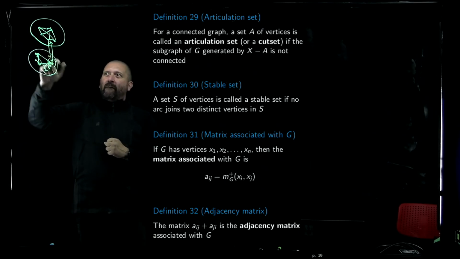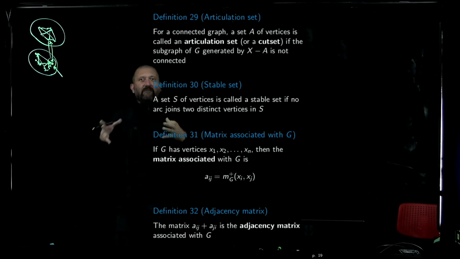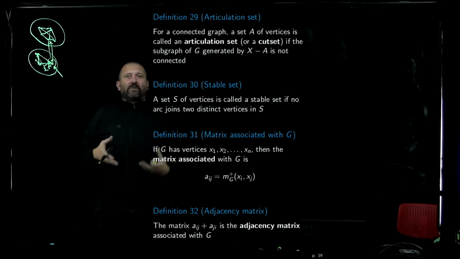Okay, so this here is an articulation set. So a single vertex, but this is the idea. It's a set of vertices which, if you remove them, you lose the connectedness.